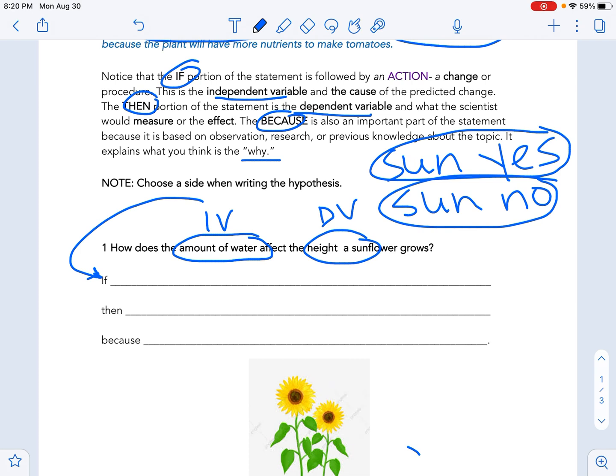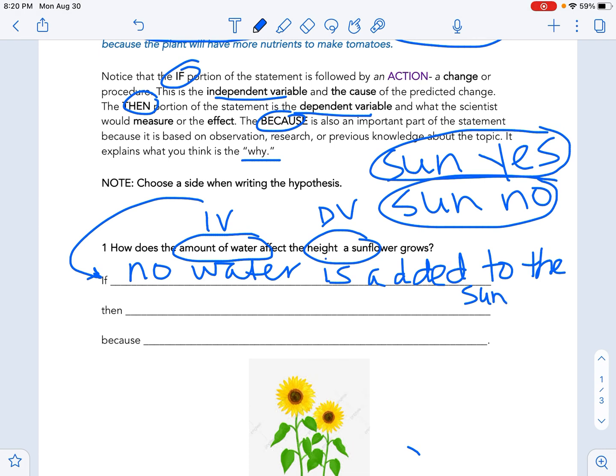So I'm going to choose the no water. Let's try that. Okay, so if no water is added to the sunflowers, and I apologize, my stylus is at school. So if no water is added to the sunflower, then, so now we need to comment on the height of the sunflower. Okay, so then the height will be less.